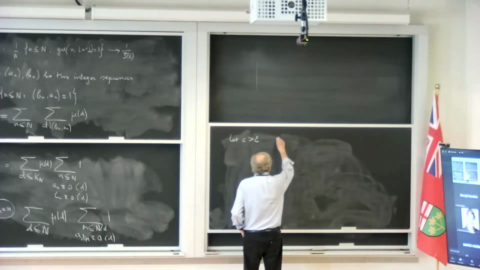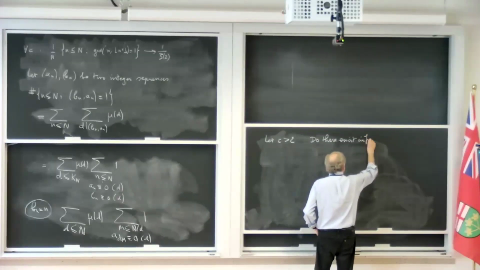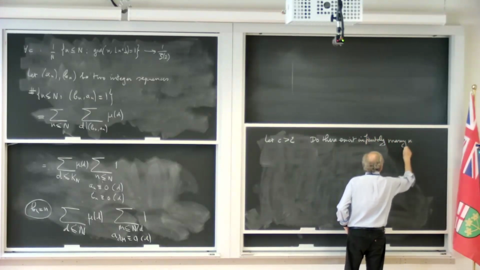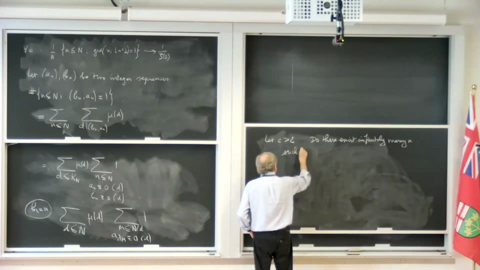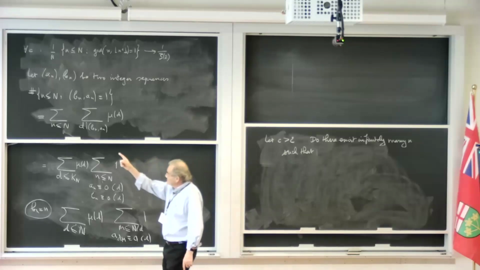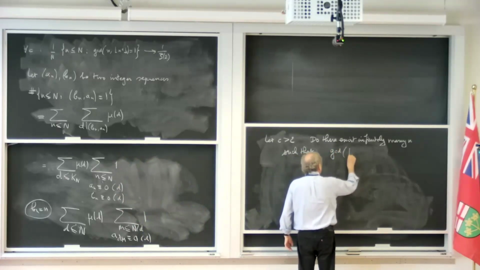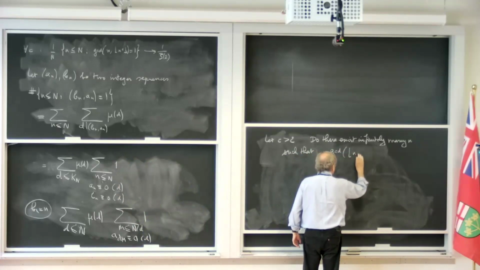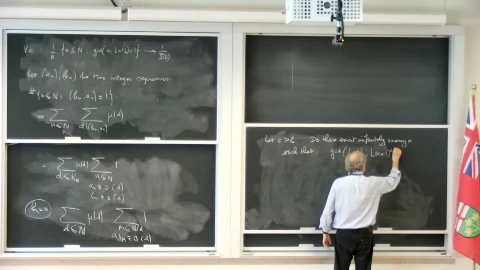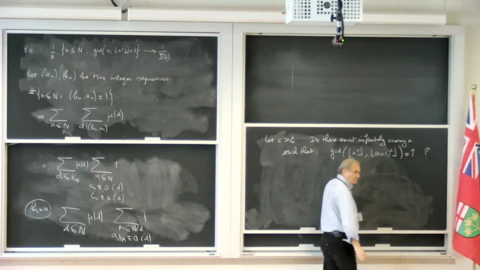Do there exist infinitely many n such that the GCD of n to the c and n plus 1 to the c is equal to 1? Unknown.